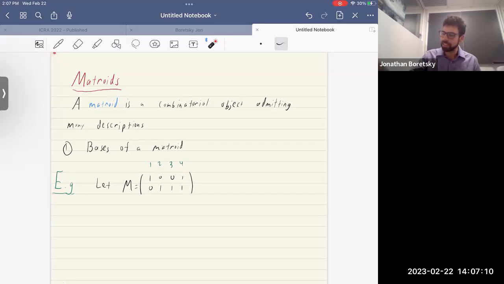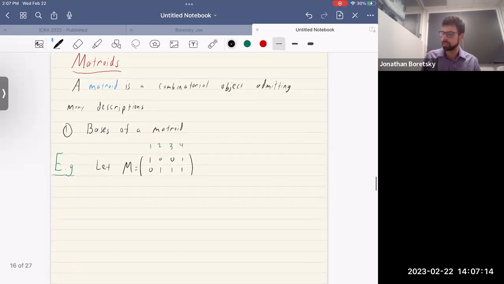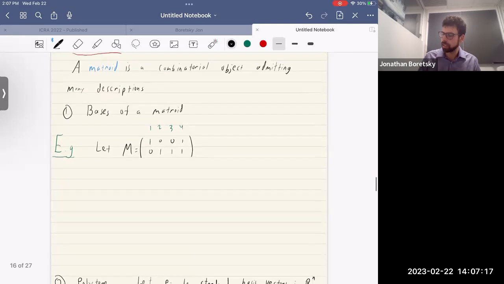The first one I want to talk about are the bases. So if I give you a matrix like this one, I can ask you to give me the bases, which are going to be the set of indices in n choose k, so the k-element subsets of numbers from 1 to n, such that p of M is non-zero.